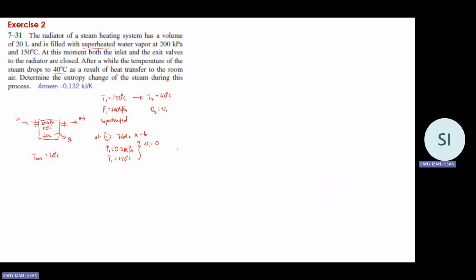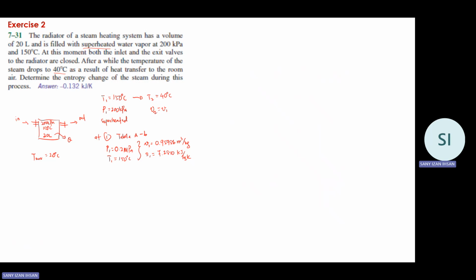You do not need to interpolate this, it's already there in the table. And you can also find the entropy S1, which is 7.2810 kilojoule per kilogram Kelvin. This is straight from the table.